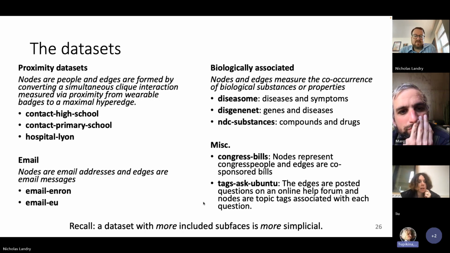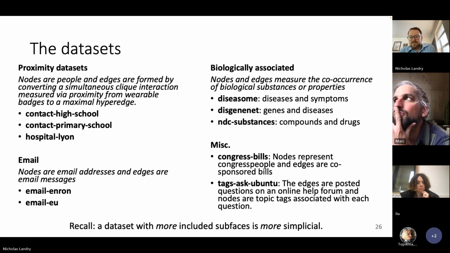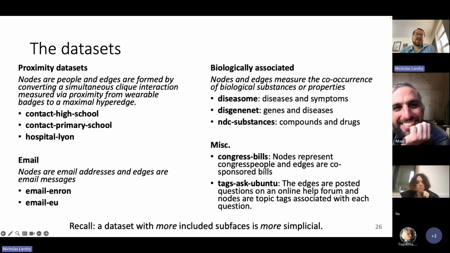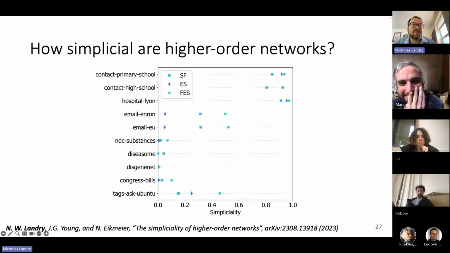I mean, from each of this category? Yeah. And from each of the subcategory? Yeah, what do you think, what category do you think is the most simplicial? I would go for emails. Emails. Okay, great guess.